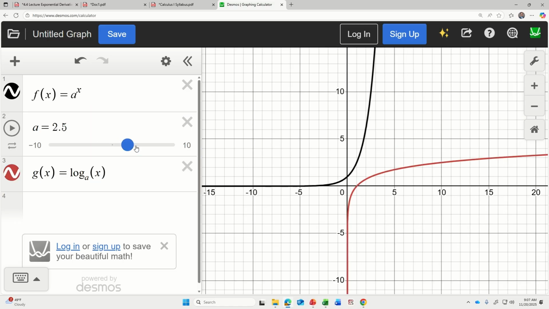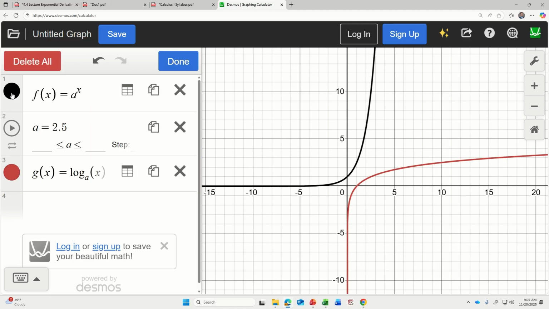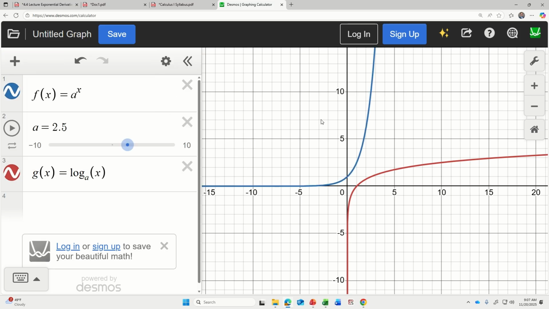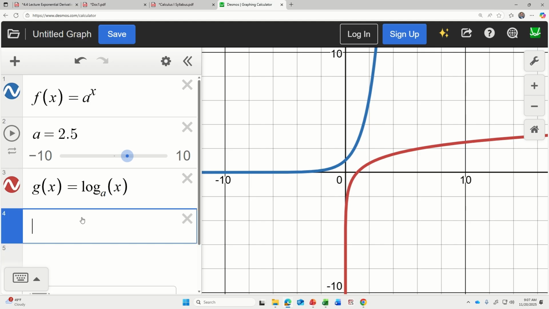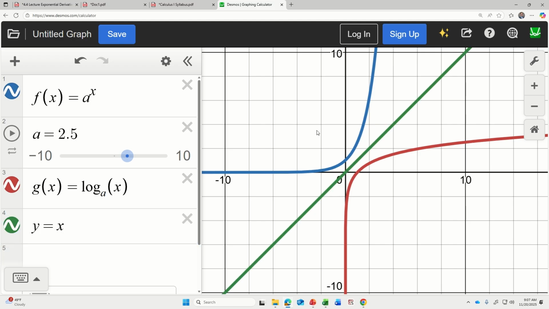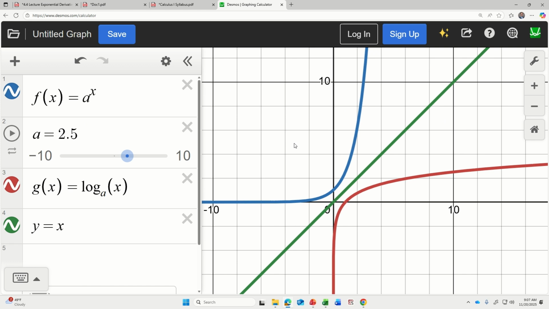So we choose a value of a. And every inverse function has this special kind of symmetry. It's bilateral symmetry across the identity function, across the line y equals x. So this red logarithm curve is going to be the mirror image of the blue exponential function curve.